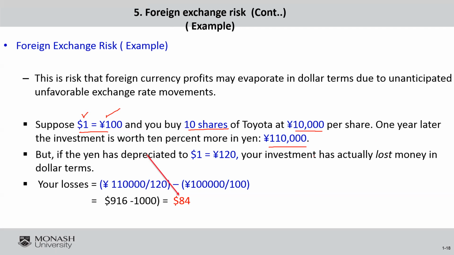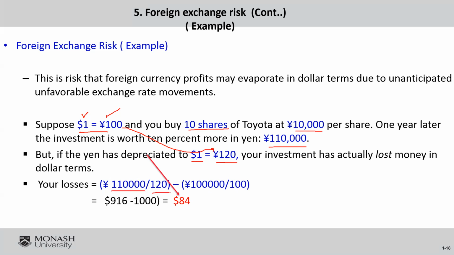110,000 yen. But the problem is if the dollar now equals 120 yen, which means the yen has depreciated, becomes weaker. It was 100 and then dropped to 120. Then in this case, actually your investment is less because you will divide this 110 by 120 to see your investment.